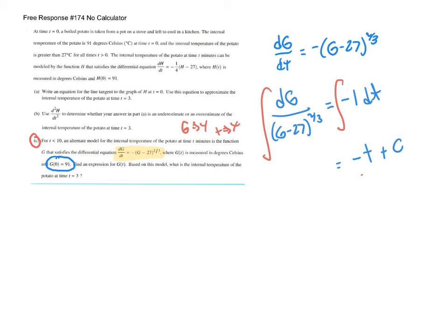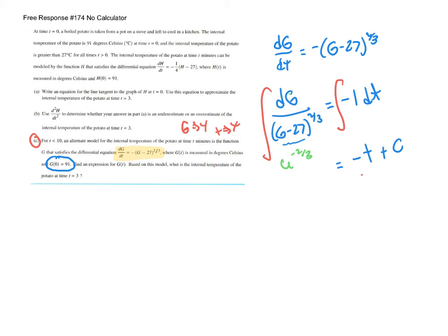On this side, it's a composition. You'll notice that the derivative of g minus 27 is actually just 1. So this is really very similar to a u to the negative 2/3. But the dg and the du are the same.